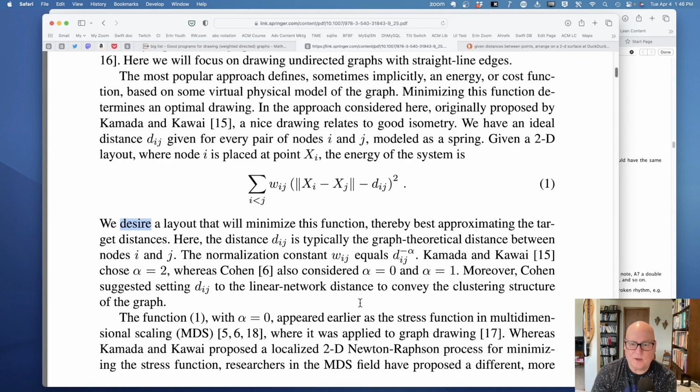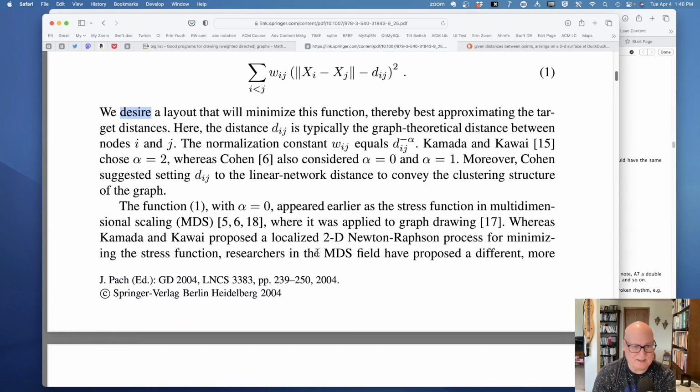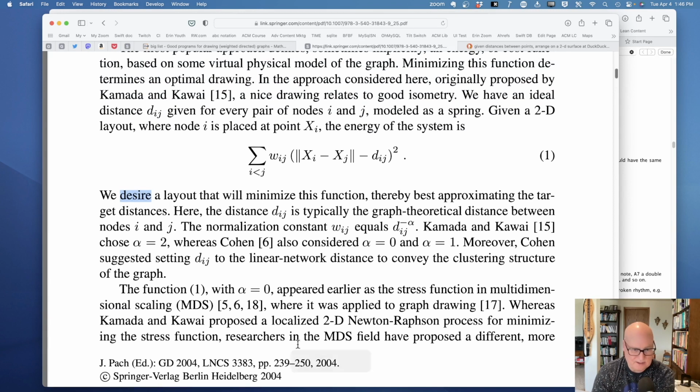Okay, and so what we're going to do is say, what's the best way to set up these xi points? We don't have any information about them to start with, so we're going to have to take something and do it. Now they mention this other paper. With alpha equals 0 is the stress function in multidimensional scaling. Okay, and 17.